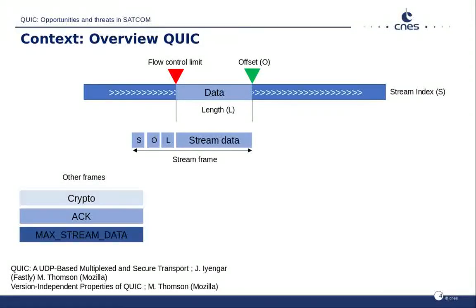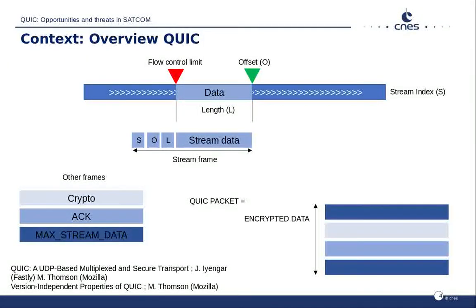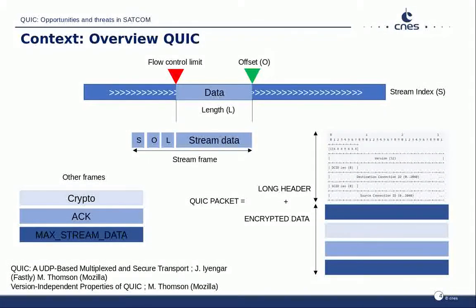There are many types of frames within QUIC, such as crypto, acknowledgements, or any flow control information. And a QUIC packet is composed of a bunch of data that could be the stream frame, acknowledgements, crypto, and so on, and a long header. It can also be a short header, but in this presentation we only show a long header.